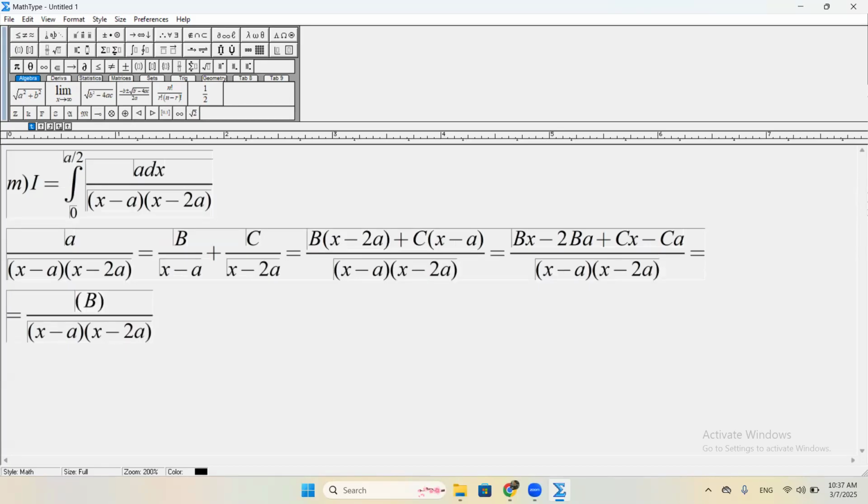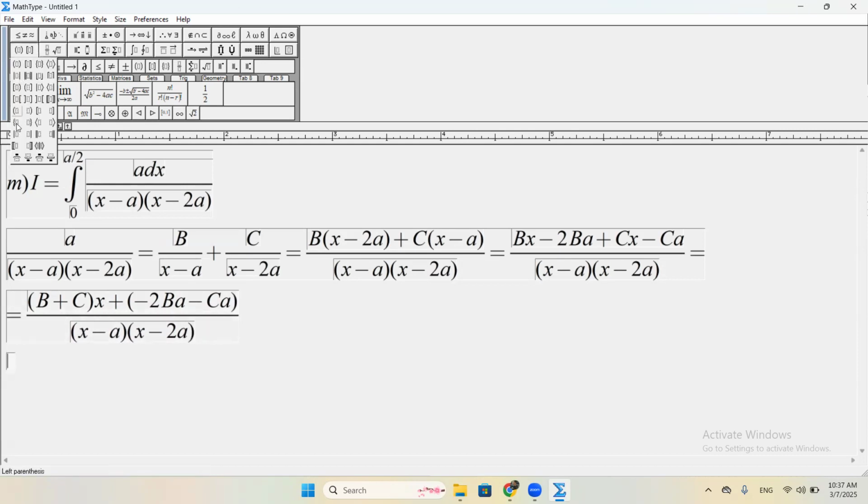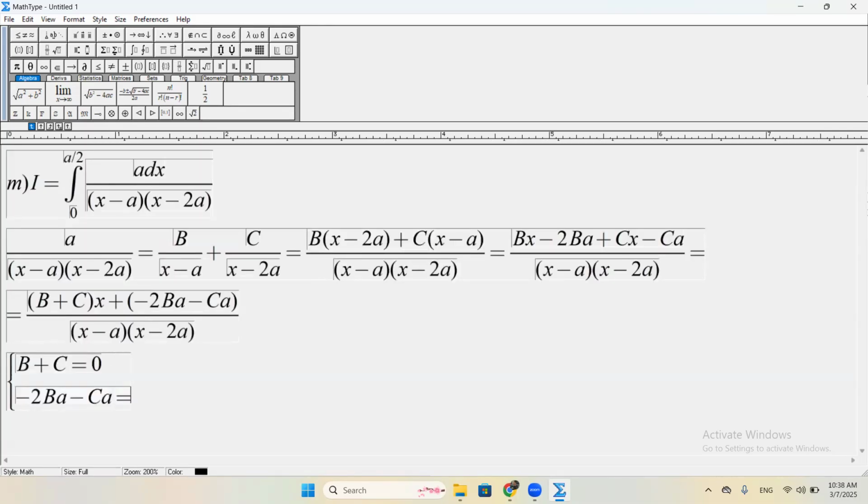So b plus c times x plus minus 2ba minus ca. And now we have the following system of linear algebraic equations. So just two equations: b plus c equals 0, and this expression equals a. So now let's solve it quickly.